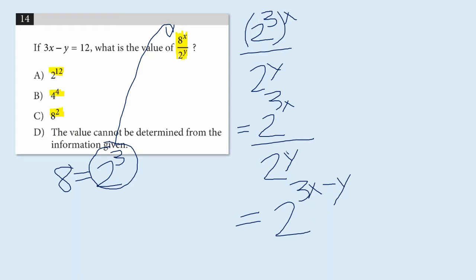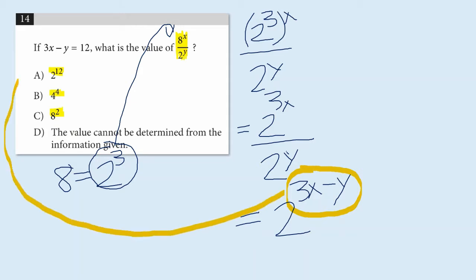And here comes the shady part. Notice that this and this are the same. It was no accident that they started the problem with 3x minus y equals 12.